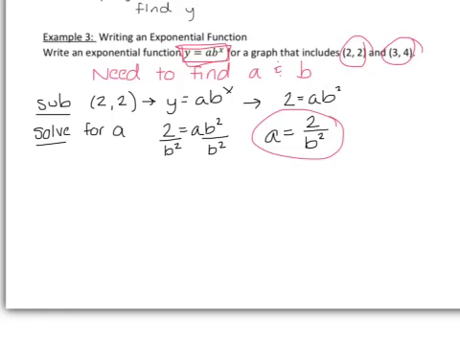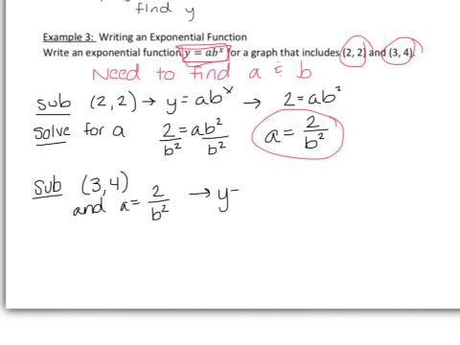Now we are going to substitute the other point, so (3, 4), and what we just found, that A equals 2 over B squared, into that original form, y equals AB to the x.